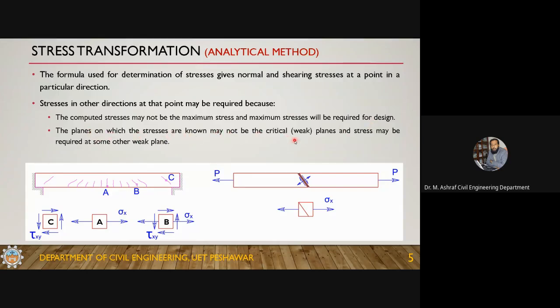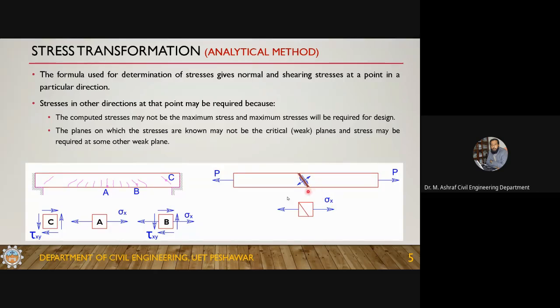There is another situation: this may be the maximum stress, but the plane on which it acts, like this x plane or this perpendicular plane, may not be the critical plane. Like you can have two wooden logs connected to each other on an inclined plane, glued to each other.